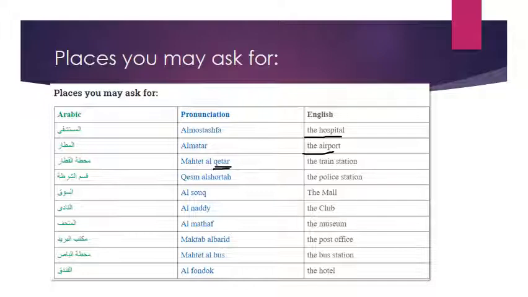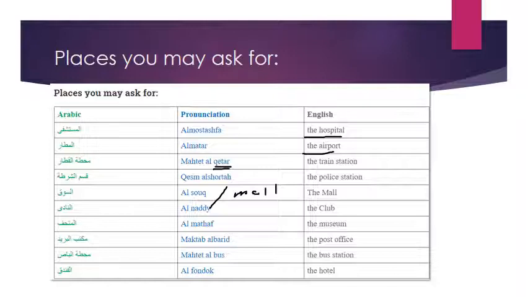Okay? Now the police station. Station here, when we attach it to police, becomes qism. The police is ash-shurta. Qism ash-shurta. The mall is as-suq, or you can say mall. It doesn't matter. We have also the club. The club is an-nadi. You may ask later about a sports club, okay?